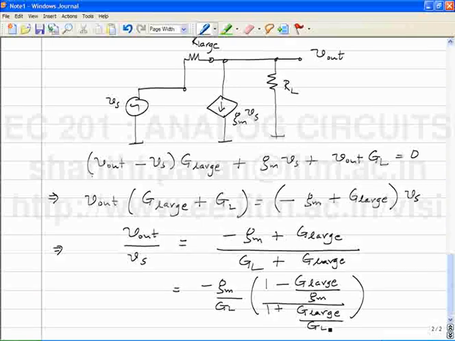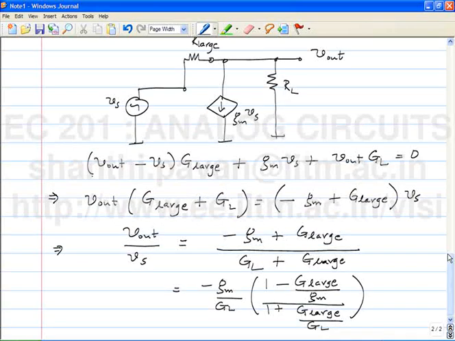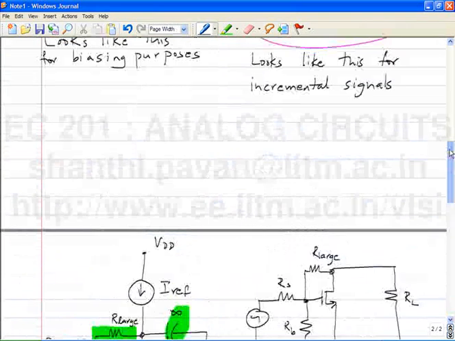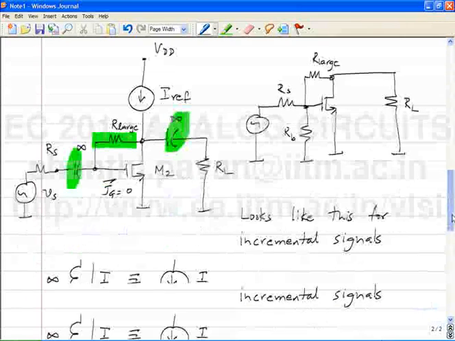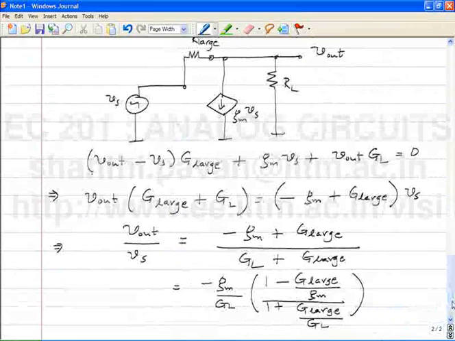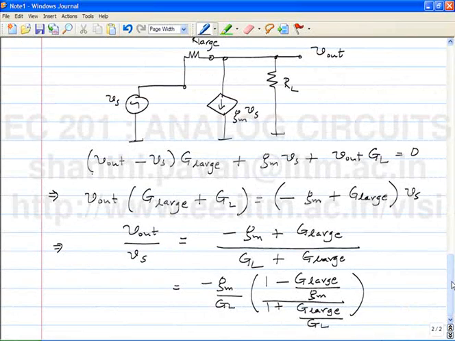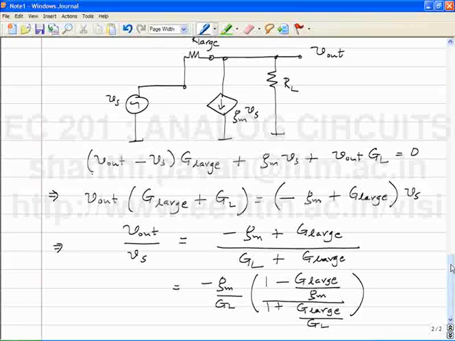And minus GM by GL is the gain we would get when we had the original circuit without R large, okay? And clearly, what do we see? The gain is now smaller than before. So when you say the resistor must be large, how should I choose that resistor?